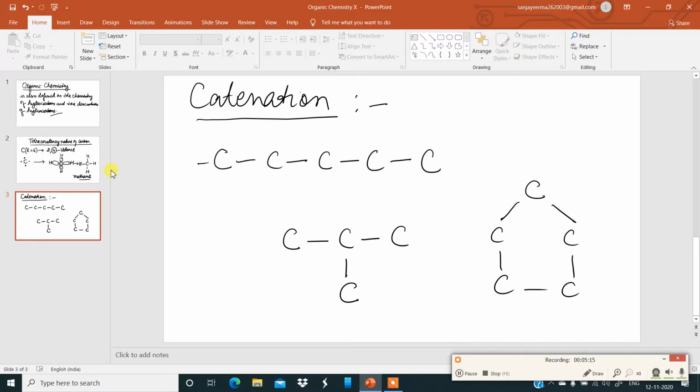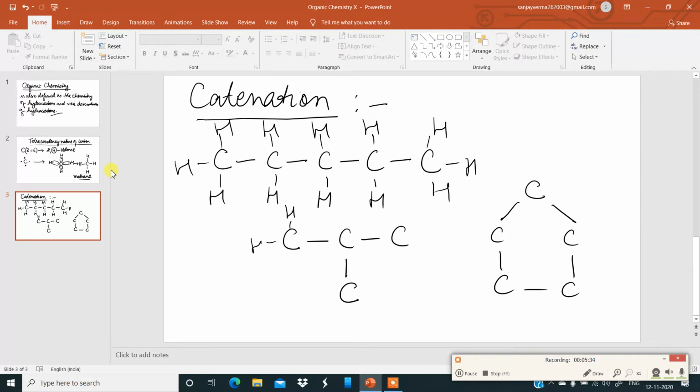Okay, so these are the hydrogens. So this property of self-linking of carbon atoms through covalent bonds is called catenation. So this one is a straight chain, this is a branch chain, this is cyclic.